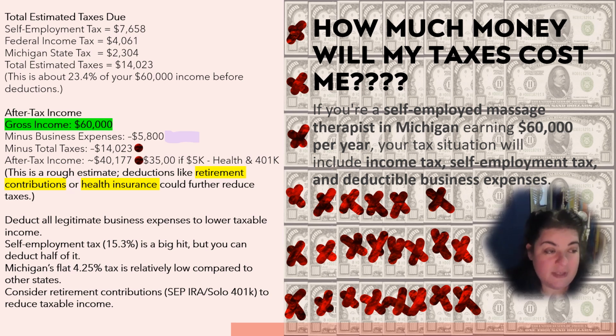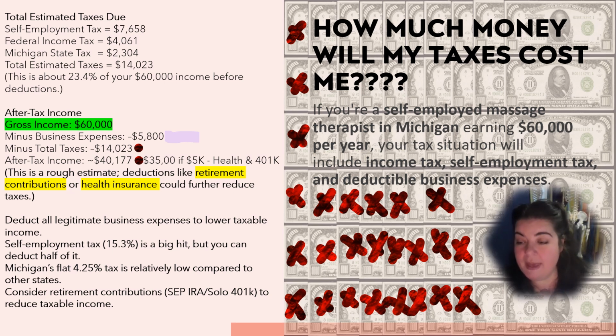Now, after-tax income, let's talk about this. Your gross income was $60,000. We took away our expenses. We took away the total taxes. Our after-tax income after we've paid everything out is $40,000 thereabouts.